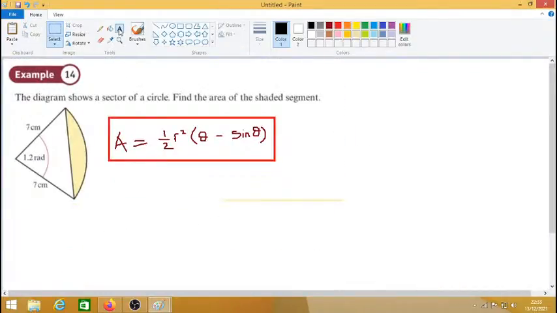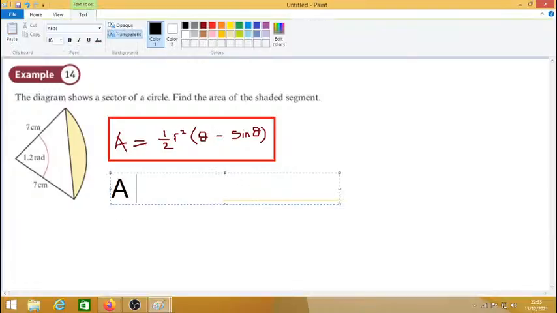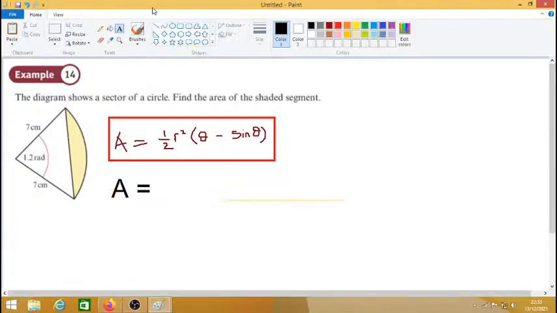So here we're just going to use the formula just like it is. Area is going to be equal to, let's take a look at what we're going to use. For the radius is going to be 7, and for theta it's going to be 1.2 radians, and for sine theta, sine is just normal sine, and theta is going to be your 1.2 radians. So let's try that.